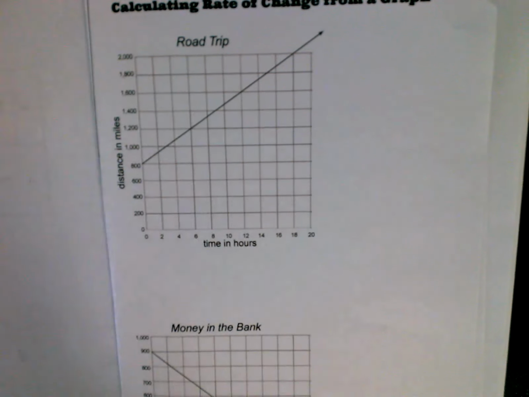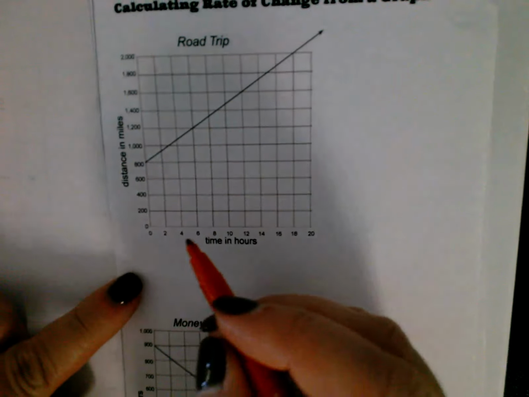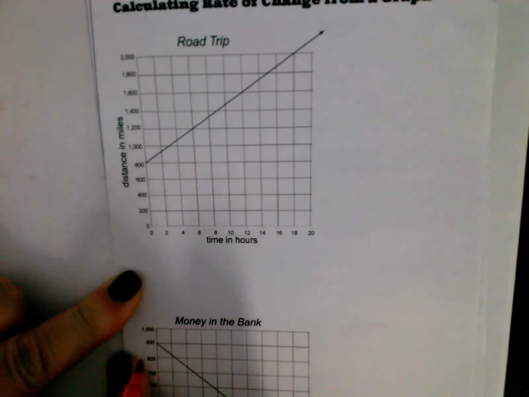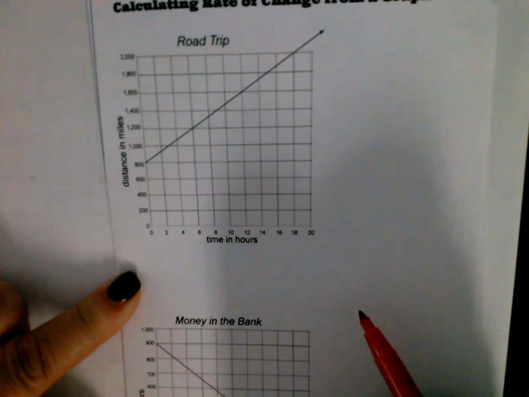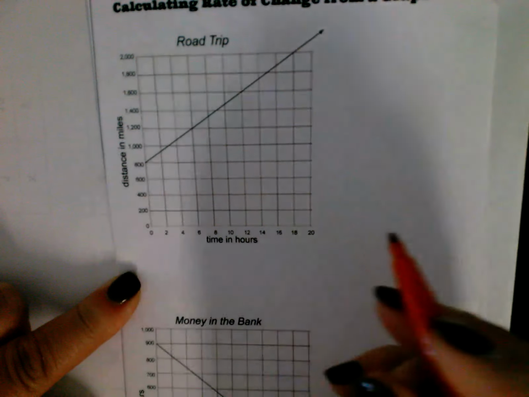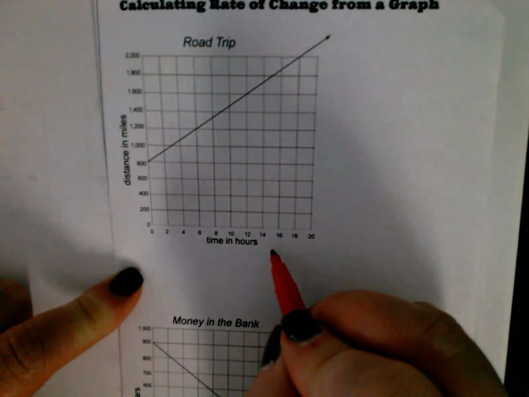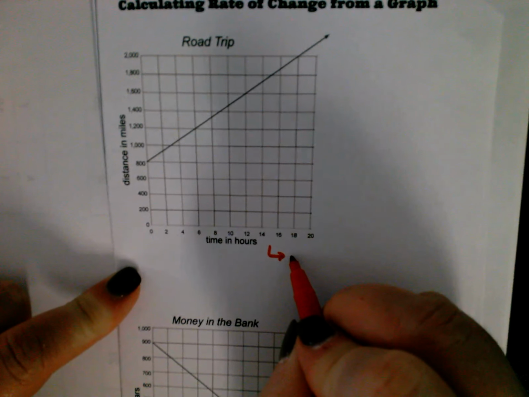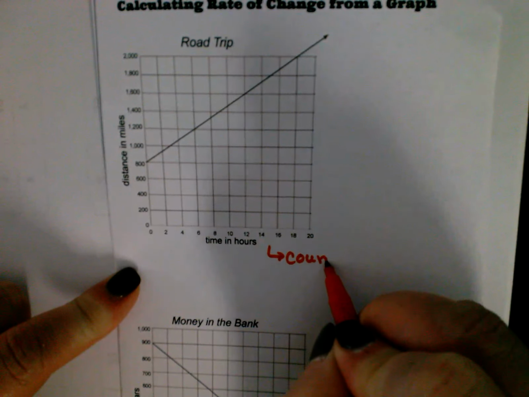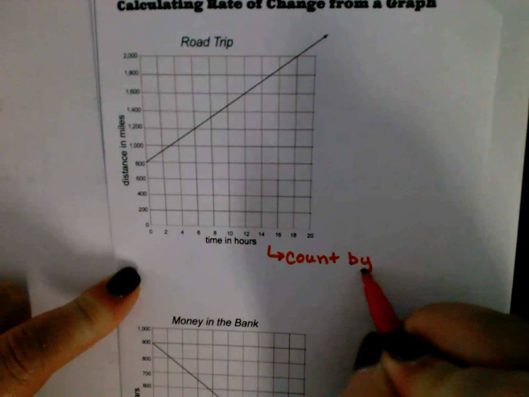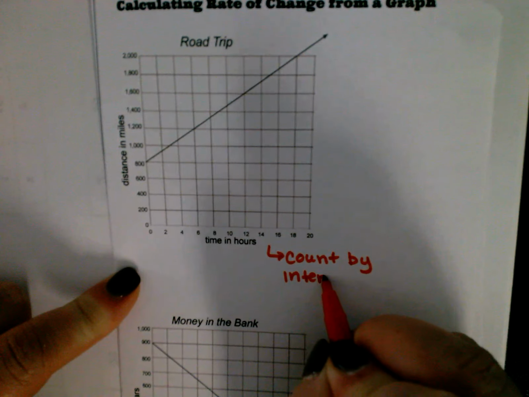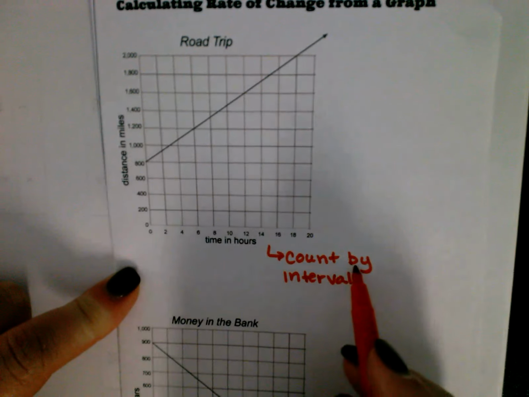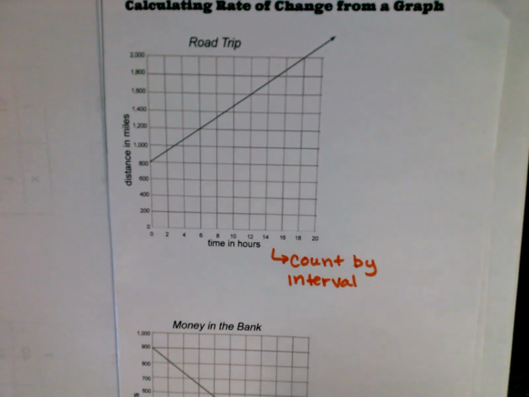So we're going to talk about someone's road trip. What are a few things we need to do when we start looking at this? First, I like to ask myself, what did we count by? What is our interval? Pretty soon I'll stop using the words count by and I'll just use the word interval.